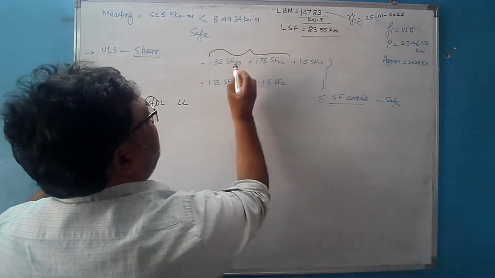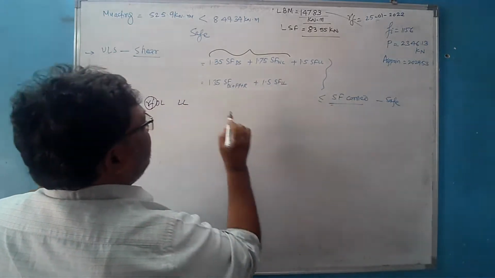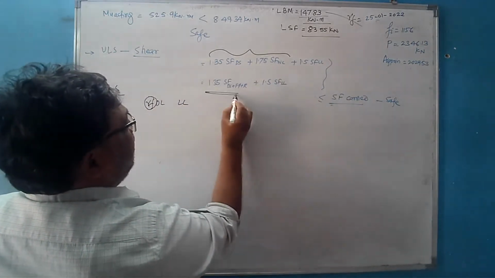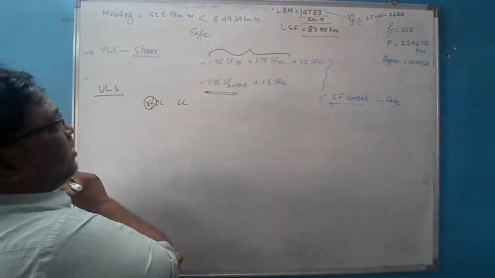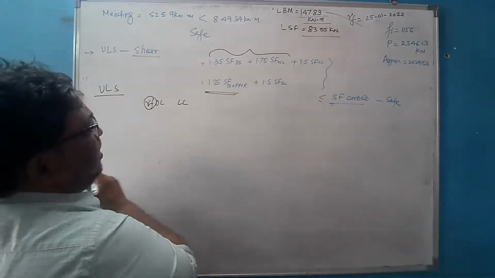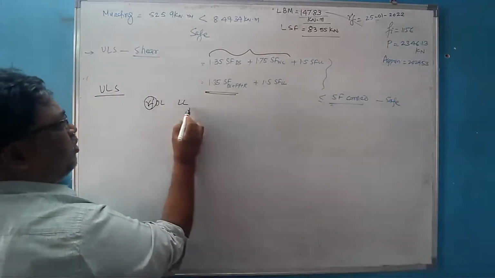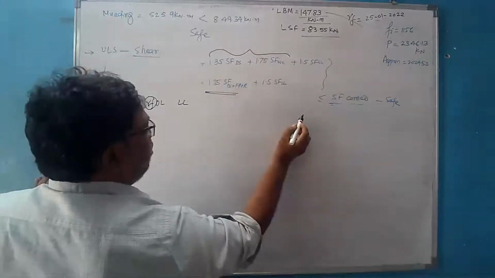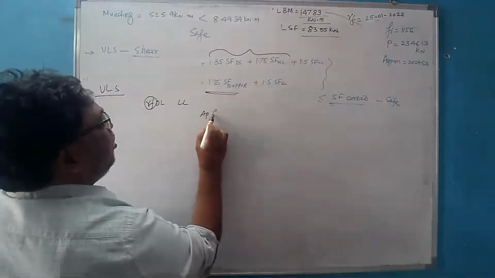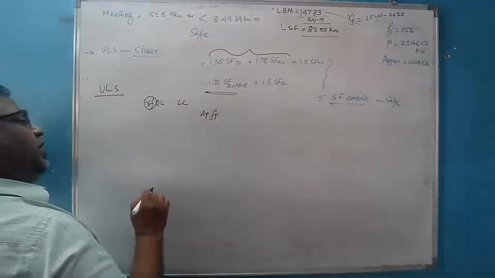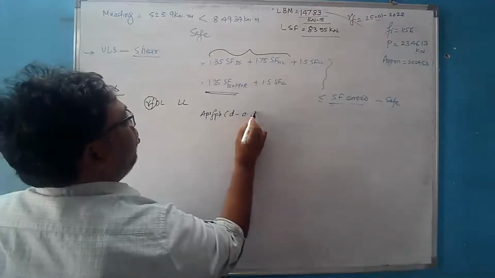That is, when the 1 meter wide strip was considered from the carriageway width, and when the 1 meter wide strip was considered from the footpath. So whichever of the two is greater should be considered. Moments were all available. Then we had multiplied with the respective gamma factor. The ultimate moment acting was determined, and then the ultimate moment of resistance was determined using IS 1343, Aps fpb in bracket d minus 0.42.